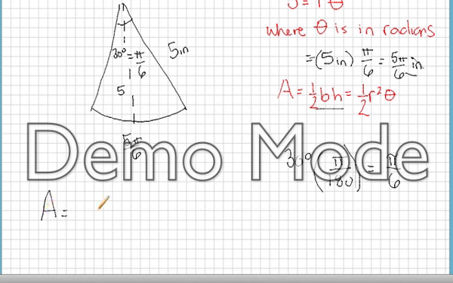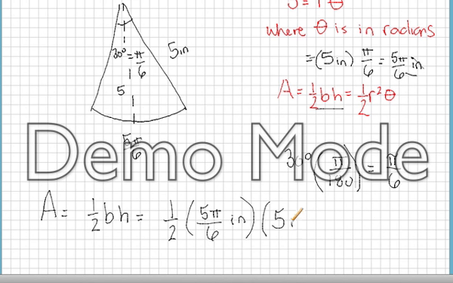So area is 1/2 base times height, and the base is the length of the arc, so that would be 5 pi over 6 inches times the height, which is just the radius of the sector, which is 5 inches.